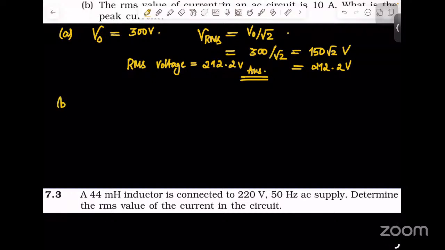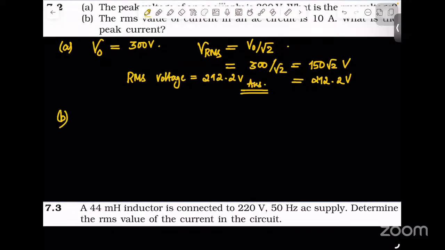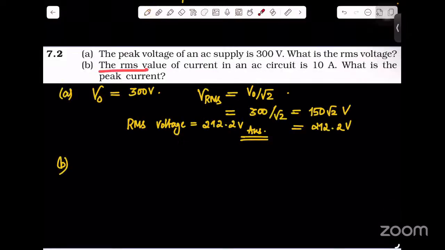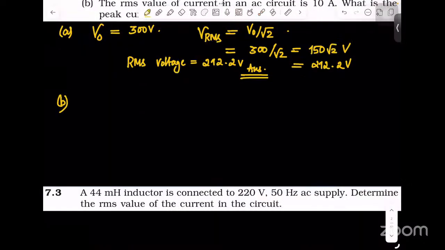Let's move on to the second bit, which says the RMS value of current in an AC circuit is 10 amperes. What is the peak current? We have been given the RMS current, or the root mean square current, is 10 amperes.